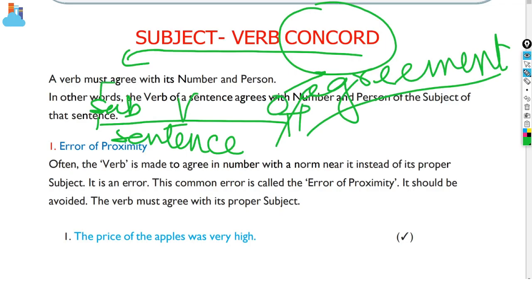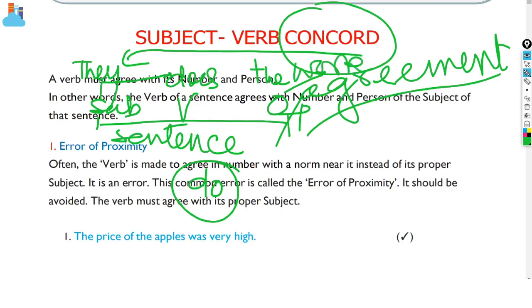Now, this subject. My dear children, supposing this subject is they, and suppose that the main verb is do. Now, if I am writing "they does the work," is this sentence correct or wrong?